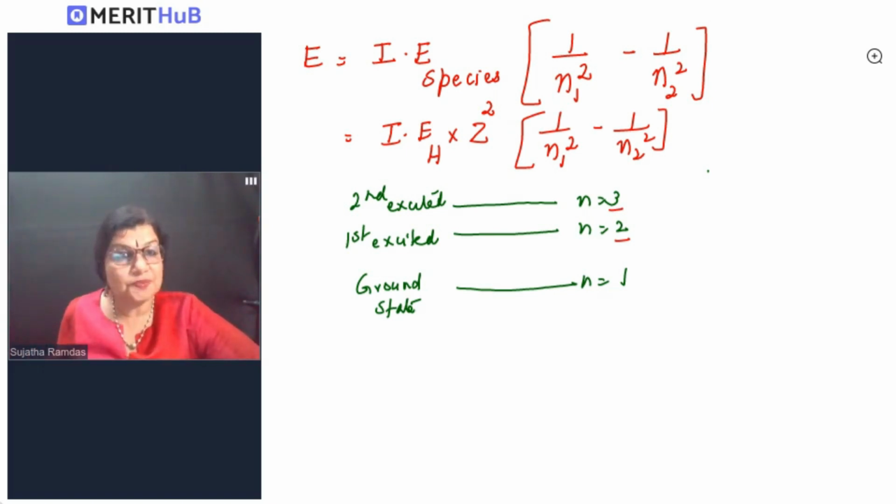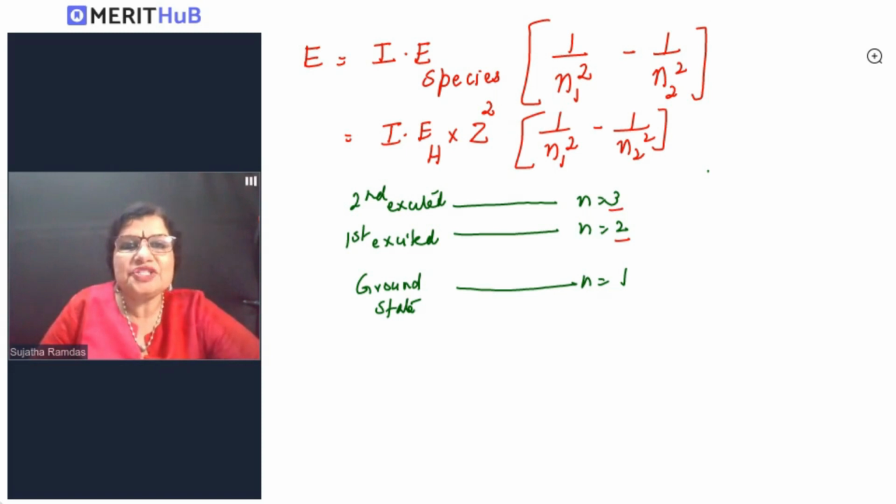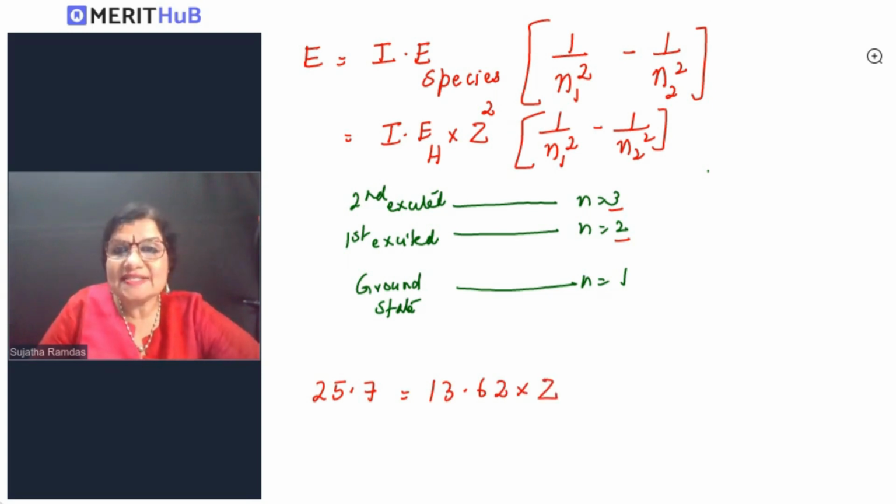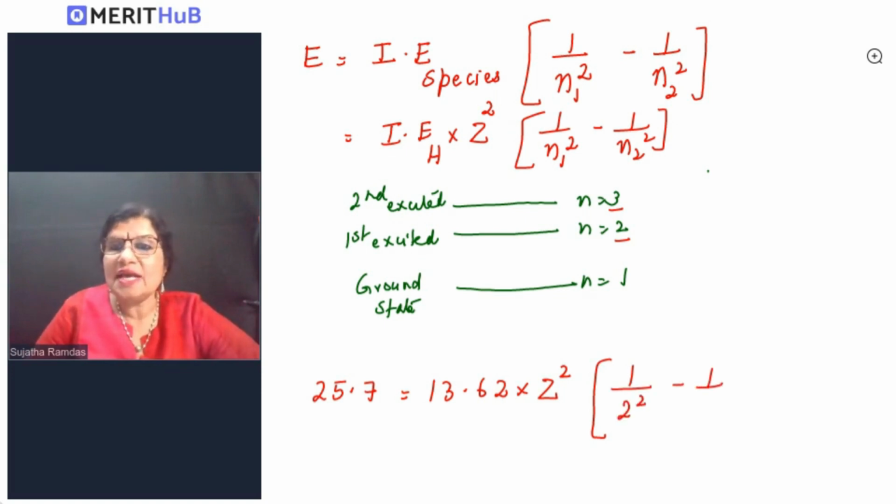All right. So let's substitute the values. So the energy is given as 25.7. That is equal to, the ionization energy has to be written in terms of electron volt, 13.62 into Z square into 1 by 2 square minus 1 by n square.